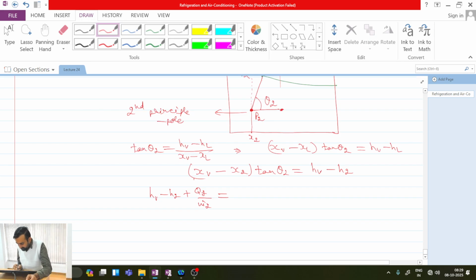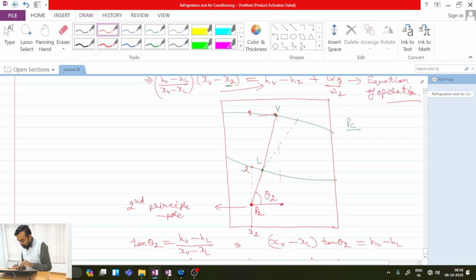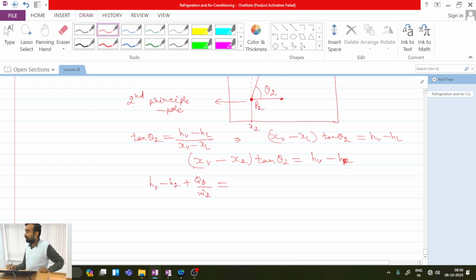I must write XV minus X2, and this enthalpy will actually become HP2. Please see this point again. You see, state 2 will be at saturated, so enthalpy will correspond to the pole, that is P2. Is this point clear how this HP2 has come, or does anyone have any doubt? So it has become HV minus HP2.